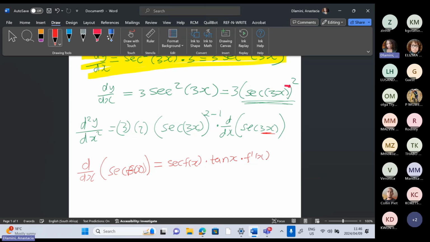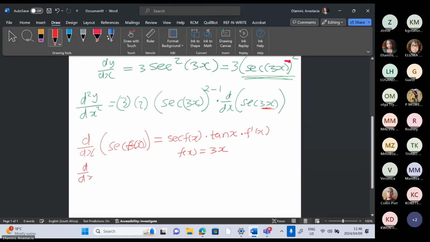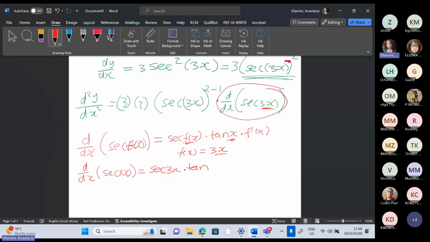Our function in this case is 3x, so f of x is equal to 3x, and the derivative of f of x is 3. So the derivative of sec 3x is equal to 3 sec 3x tan 3x.